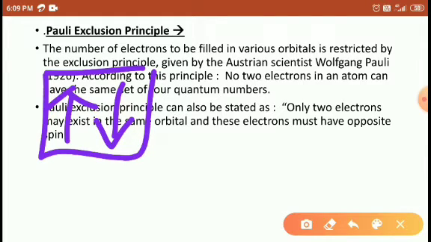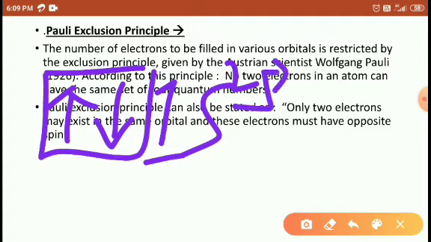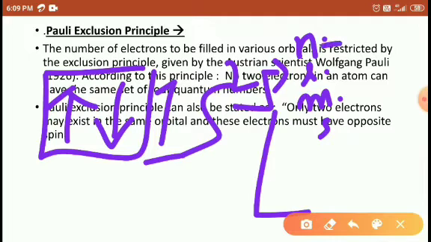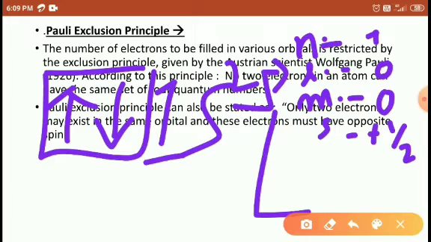For example, take any s orbital, say 1s2. The principal, azimuthal, magnetic and spin quantum numbers: for the first electron, n is 1, azimuthal is 0, magnetic is 0, and spin is plus half.